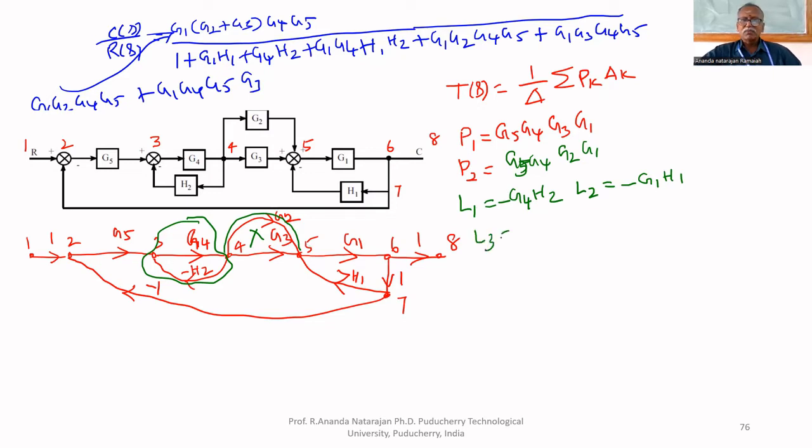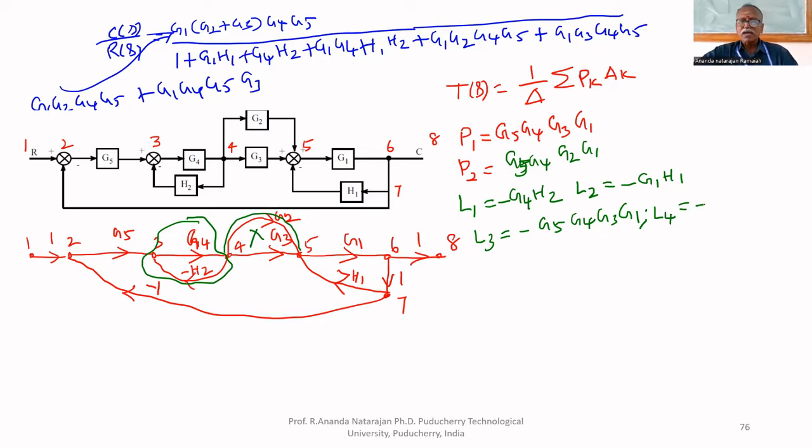L3 equal to minus G5, G4, G3, G1. That's all. L4 equal to another path we can find: 2, 3, 4, G2, 5, 6, 7. That is another loop.